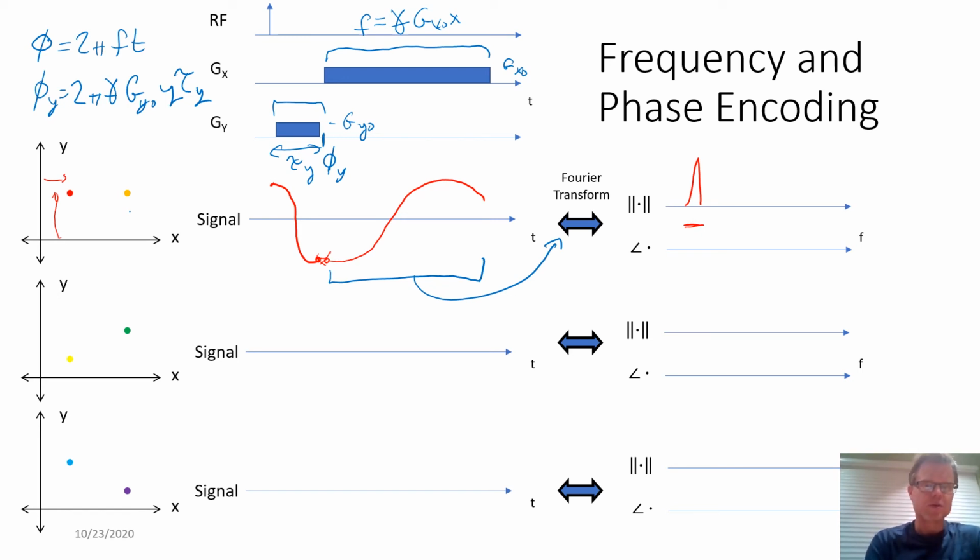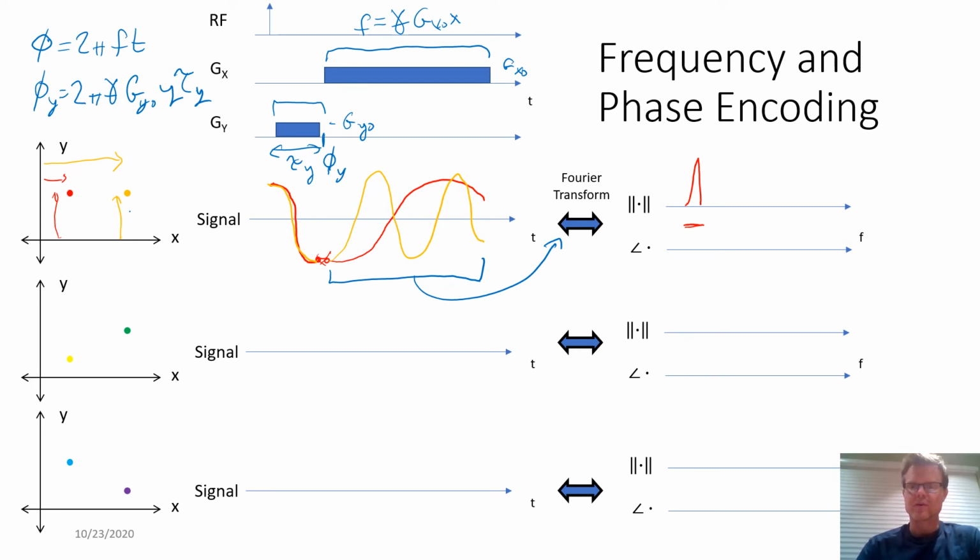Okay, let's go through this for the orange object. Since the orange object is at the same displacement in y, it experiences the same phase accumulation, the same phase offset during the phase encoding gradient. But now it's much farther away in x. So again, as in the previous pictures, it's going to have a higher frequency oscillation during this x gradient.